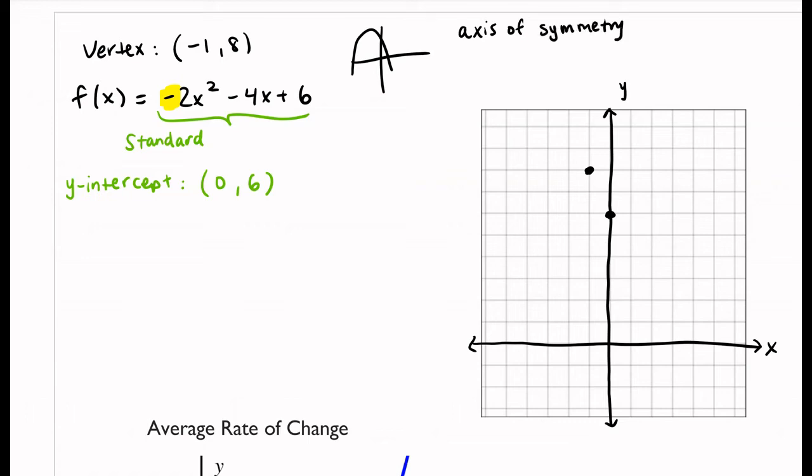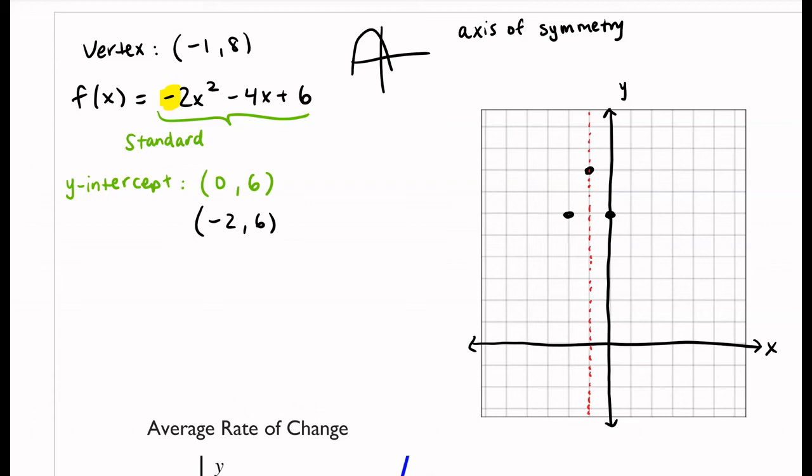All that means is to imagine a vertical line going down the vertex. Here, let me draw a dashed line here. The axis of symmetry just says that all of the points are mirrored or symmetrical around that line. So if one of the points on our graph is 0, 6, then we know that another point on our graph would also be negative 2, 6, which is this point right here.